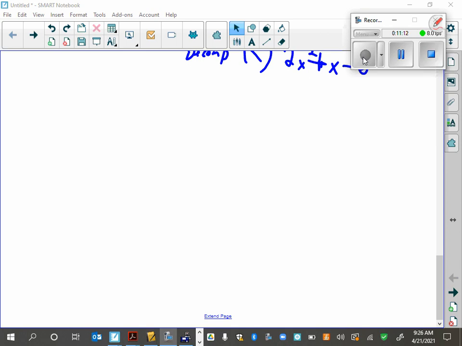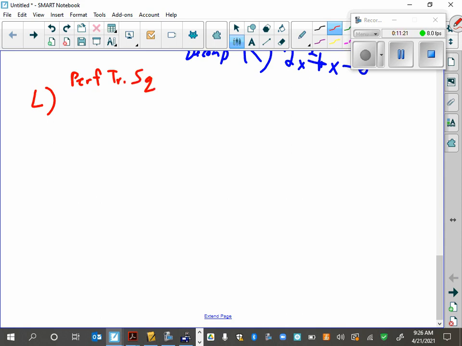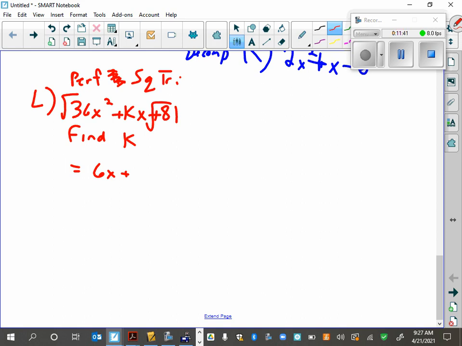Okay, podcast people, here's some more questions on factoring tests. This isn't a question, this is a reminder of how to do a perfect square trinomial. So if I say 36x squared plus kx plus 81, find k, you have to recognize that you can square root the first and last term, so you can write it like this.